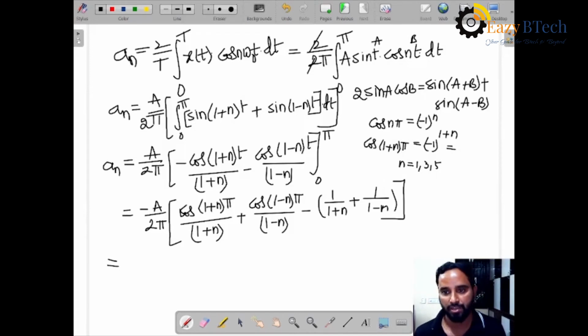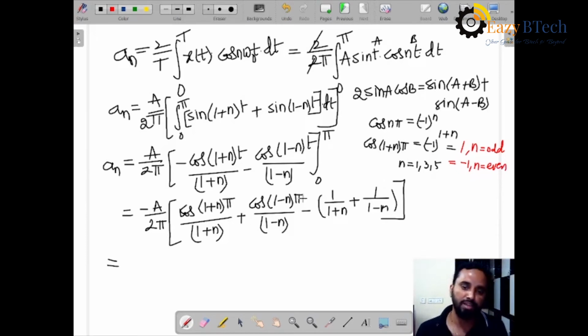So it is plus 1 for n odd. Similarly, if n is even, for example 2, 4, 6, it will become minus 1. That is the clarity about (1 plus n)pi.